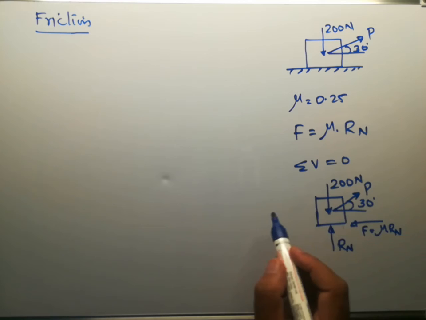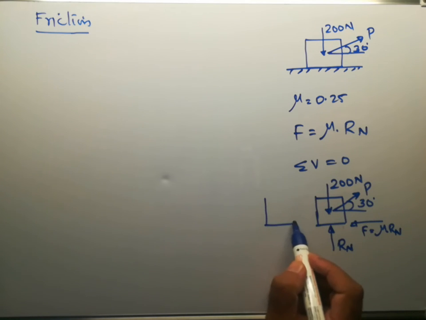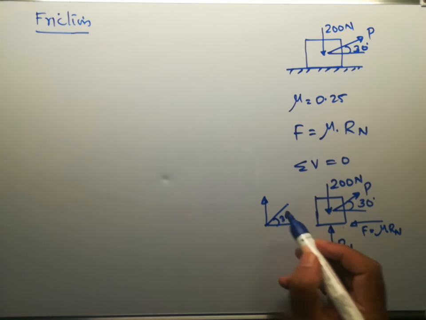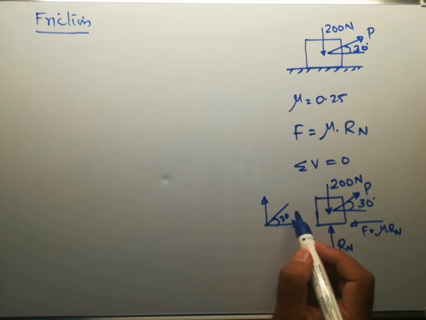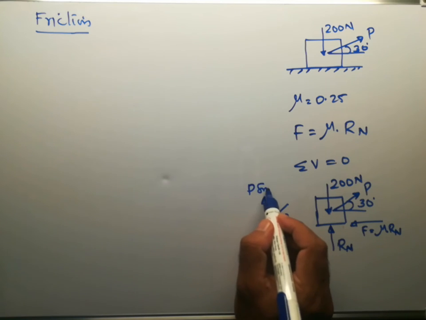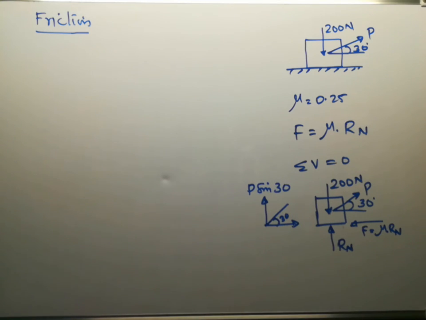That component will be like this. This is 30 degree. So this will be the vertical component of P, and hence it will be P sin 30. So these are the forces acting on the body.